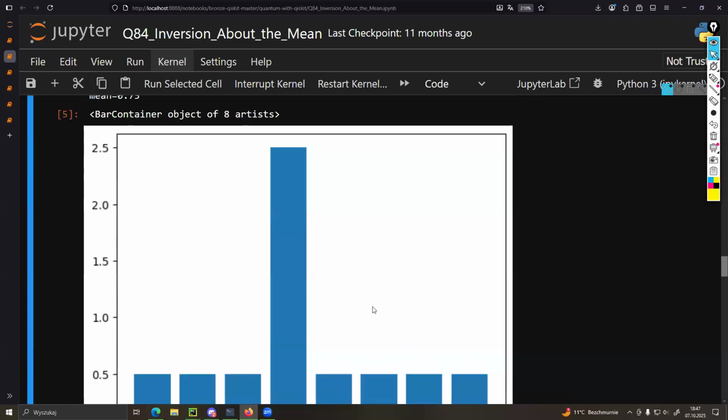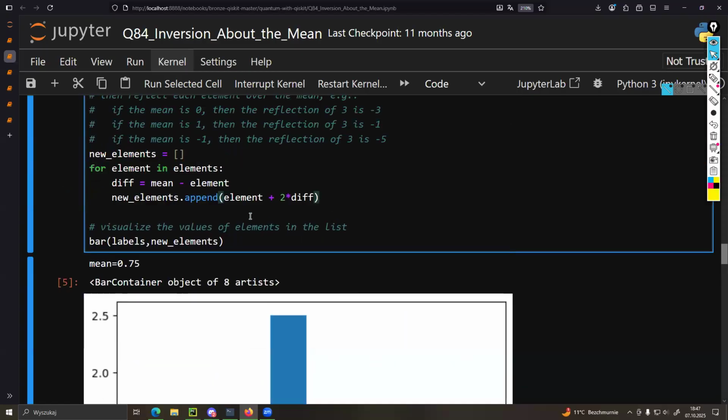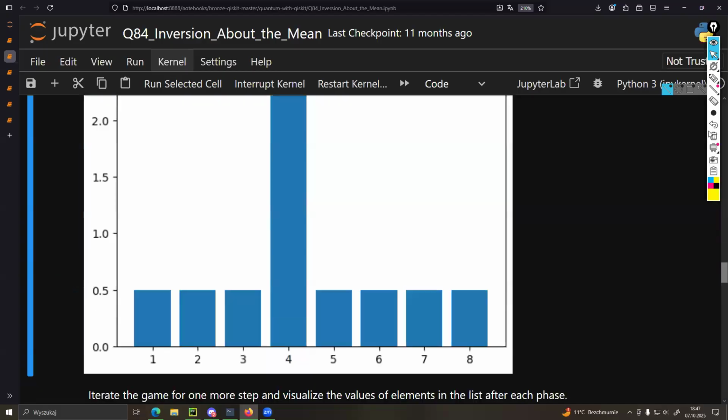So as you can see, these were our initial states. So let me throw them back, right? And this is my marked element. Let me draw it in yellow.